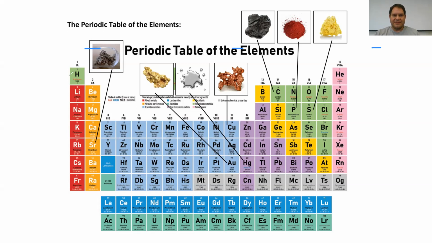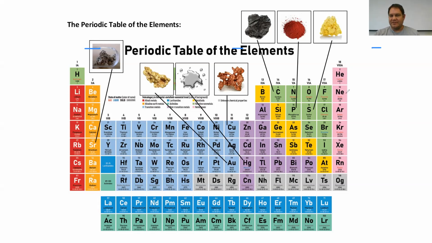The first element that we see up here is hydrogen, given the symbol of capital H. And the second element, which is way over here, is helium, which has the symbol He, capital H, lowercase e, okay? And then we have lithium, beryllium, boron, carbon, nitrogen, oxygen, fluorine, neon.